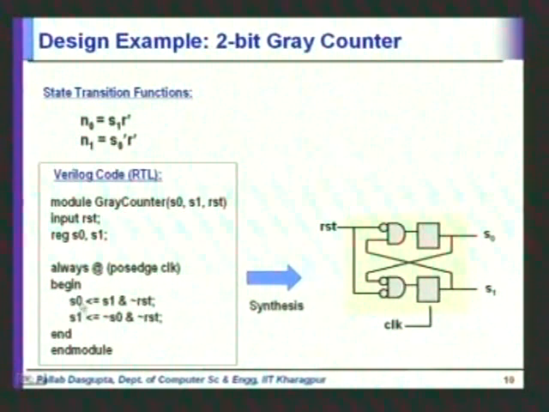We are going to assign S0 to S1 and not RST. Now see, this is this function. We assign to S0. Now remember that it is the same register. So N0 and N1 and the S0 and S1 are going to be stored in the same register, only after one clock cycle. So S0 is going to be assigned S1 and not RST, and S1 will be assigned not S0 and not RST.